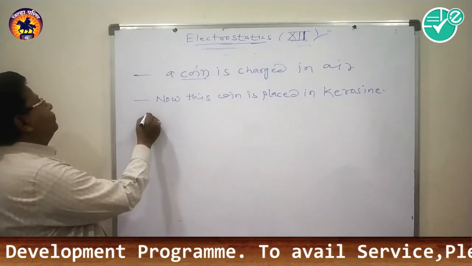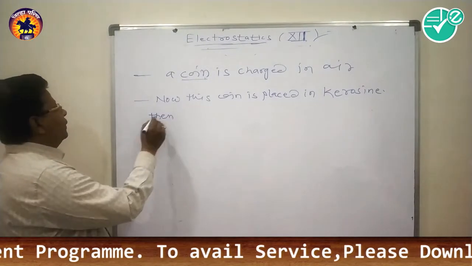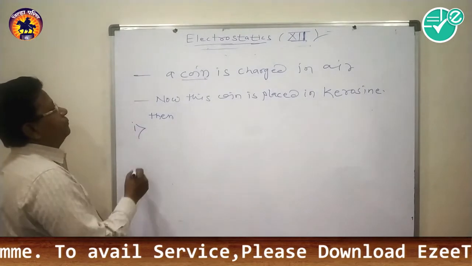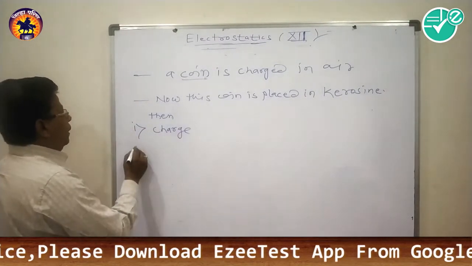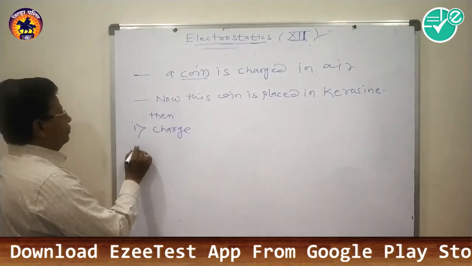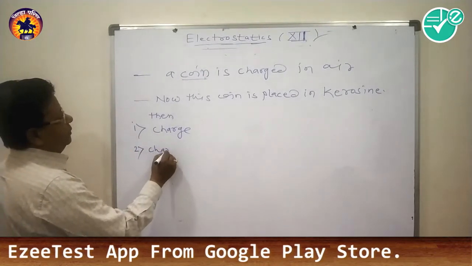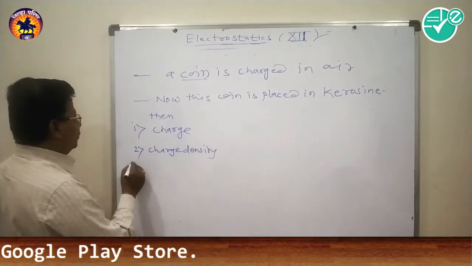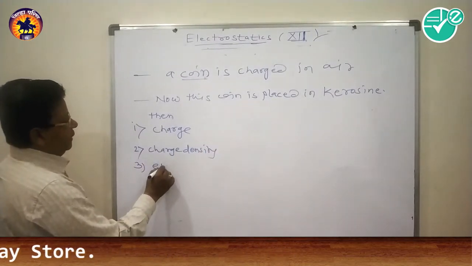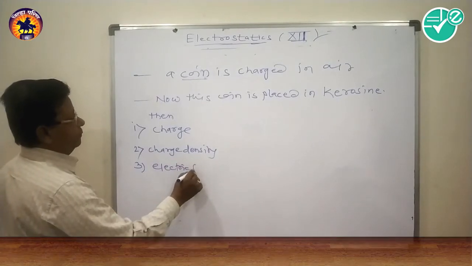Then number one, charge. Number two, charge density. Number three, electric field.